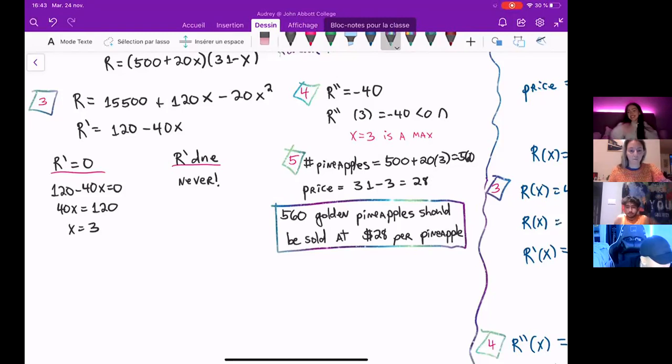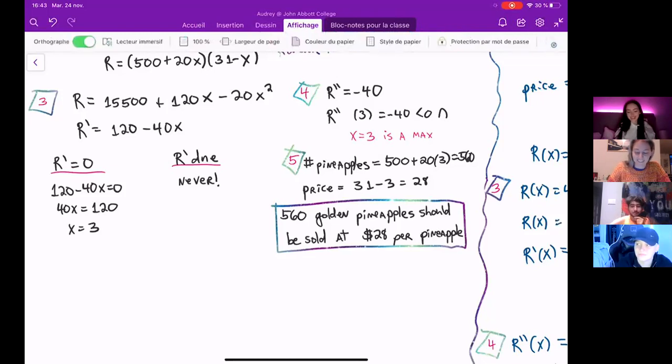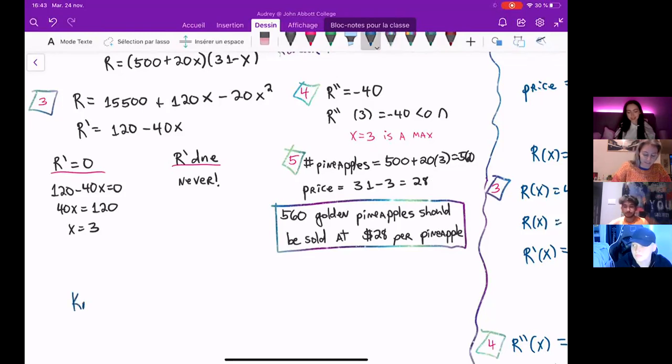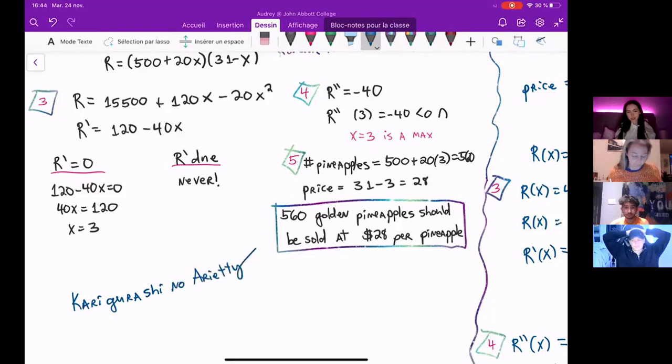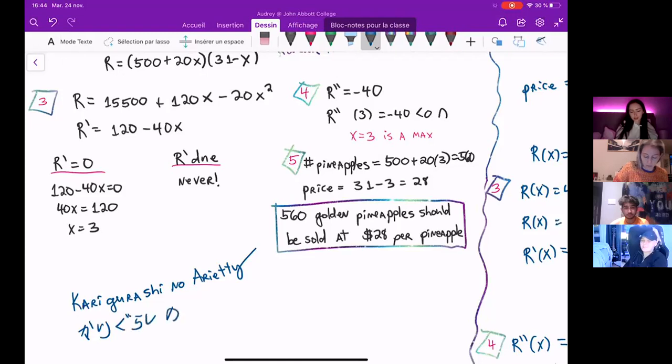Yeah, and there's a dollhouse and everything. Karigurashi means to borrow things, and Arrietty is just a name.